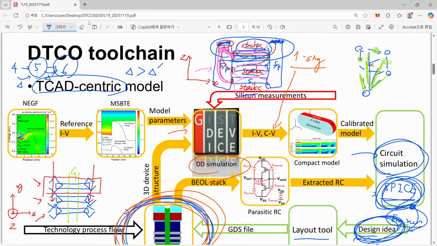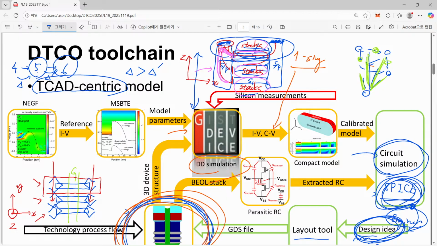So the trend is that we want to integrate more and more devices into a small area. Therefore, in order to reduce area, many things are integrated in the vertical direction, not in the X direction, not in the Y direction, but this Z-directional integration becomes more and more popular. So they are accessed from top or bottom, and we have to consider this Z-directional structure quite accurately.